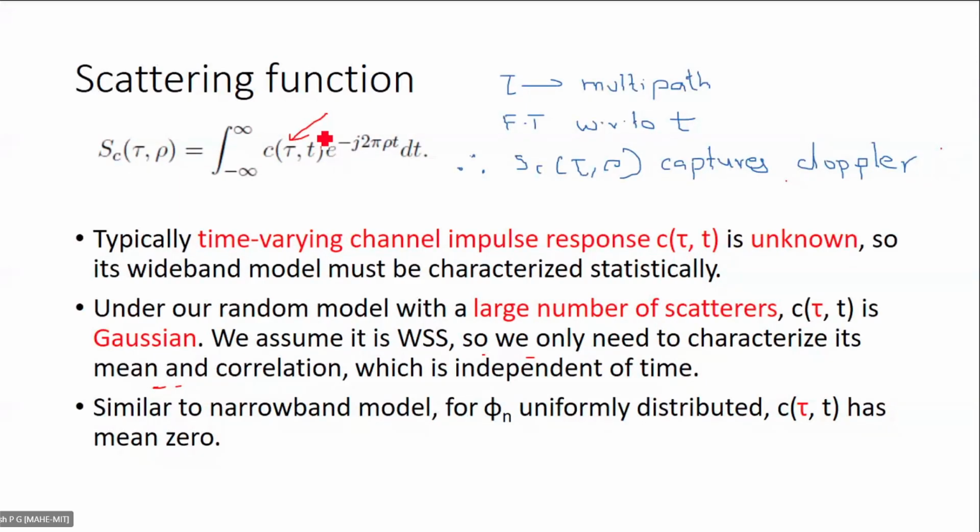If we take the Fourier transform with respect to t, then that term is called the scattering function, represented by S_c of tau comma rho. Can you tell me what components we can observe from a scattering function?